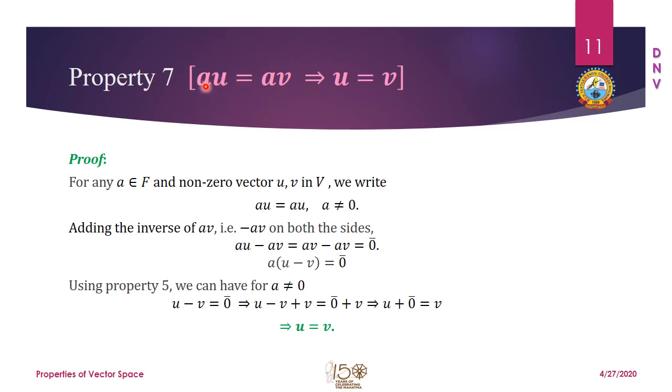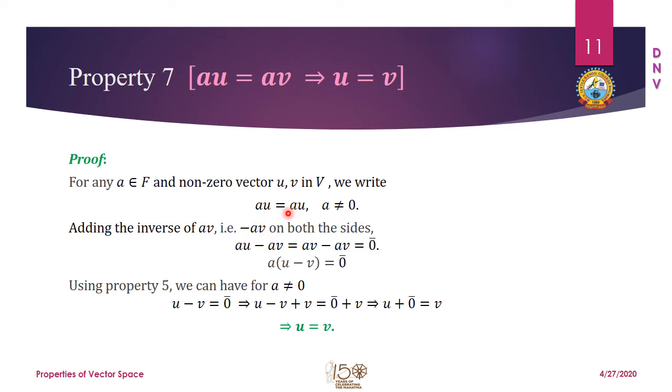So if we could prove the scalar part same in this property and the vector part in the previous property, then we will be in a position to say that we have completely defined the vector space. So for any arbitrary a in F and non-zero vectors u and v in V, we can write au equal to av for a not equal to 0. This is a scalar which is non-zero. And this a not equal to 0 is taken purposefully.